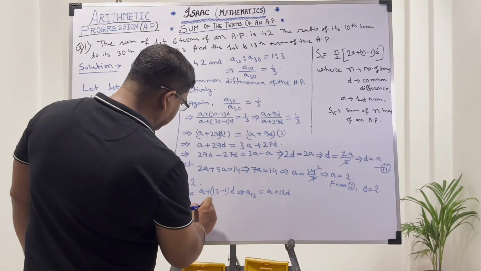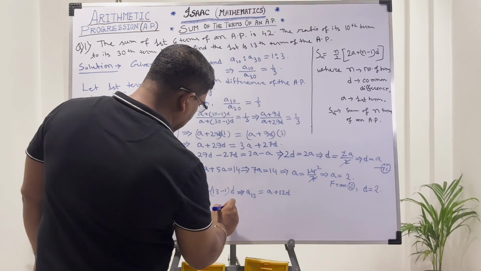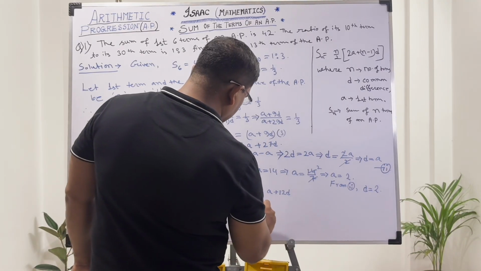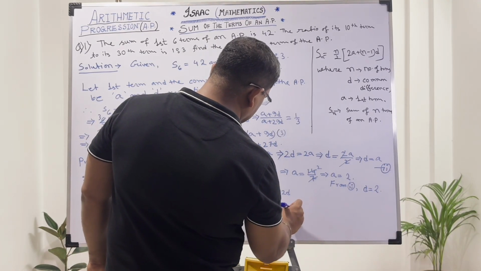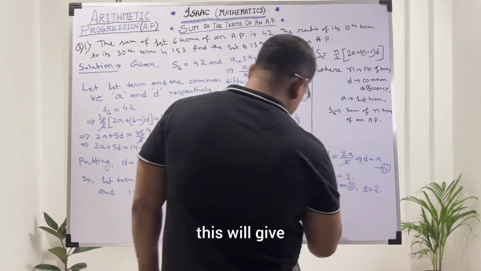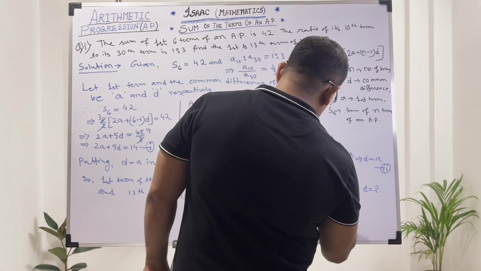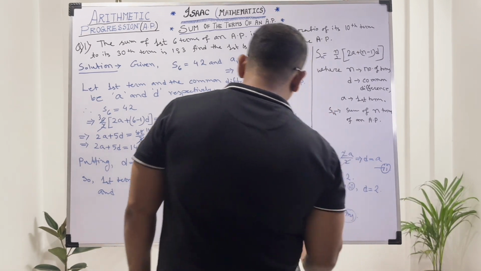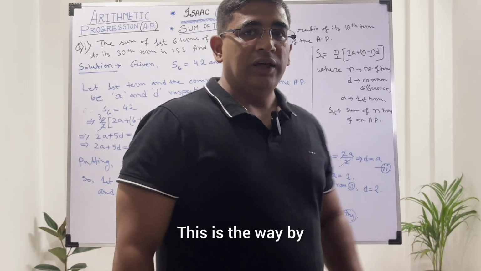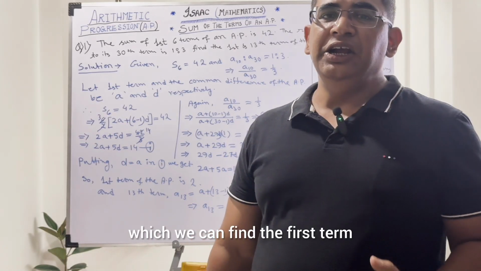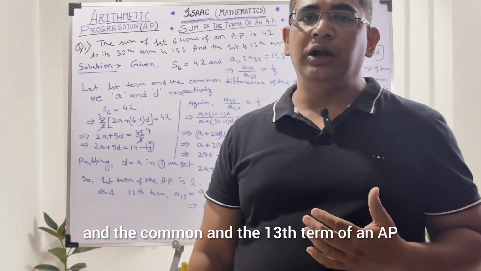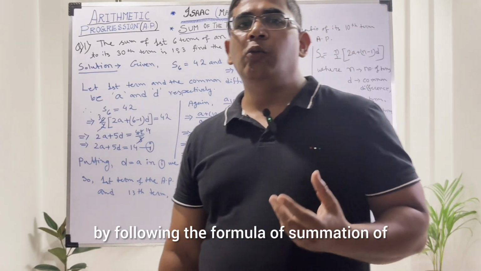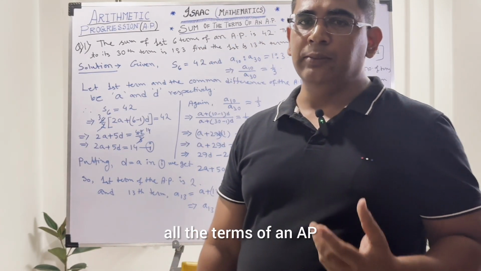So now putting A equals 2 and D also 2, we get 2 plus 24. This will give A13 equals 26. So this is the way by which we can find the first term and the 13th term of an AP by following the formula of summation of the terms of an AP.